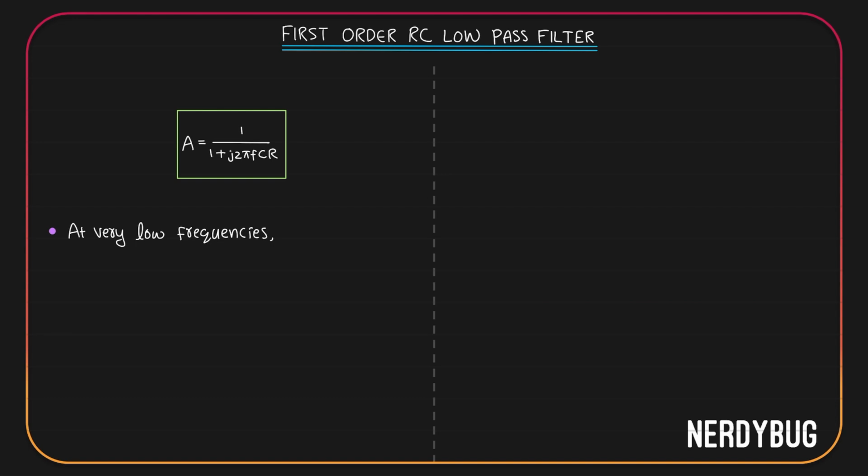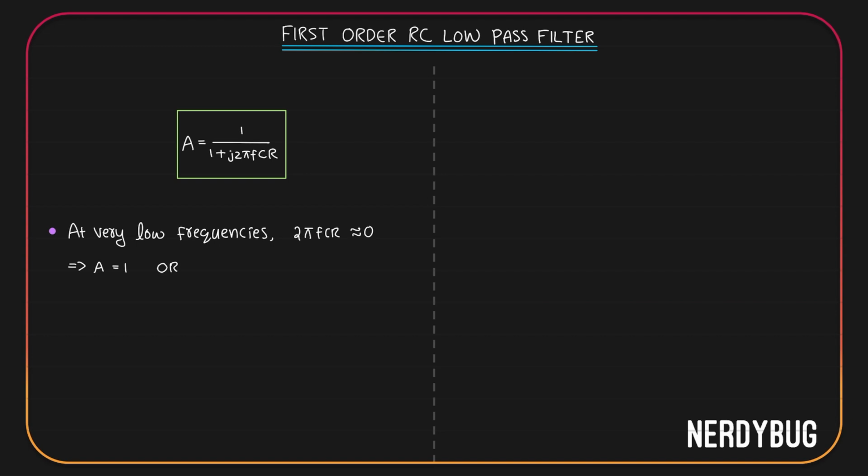At very low frequencies, we can consider 2 pi FCR to be approximately equal to 0 because f has a really small value. In that case, gain will become 1 divided by 1 plus 0, or gain is equal to 1. But gain is V output divided by V input.